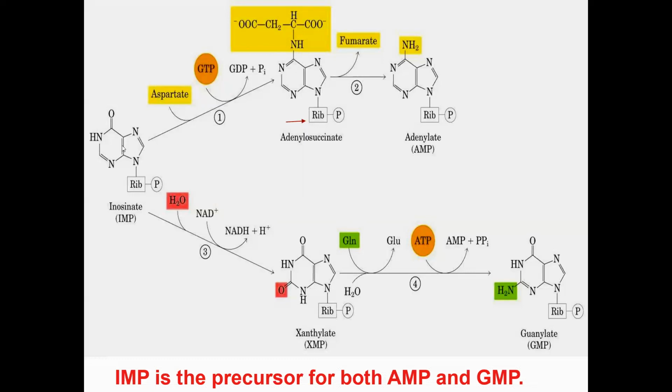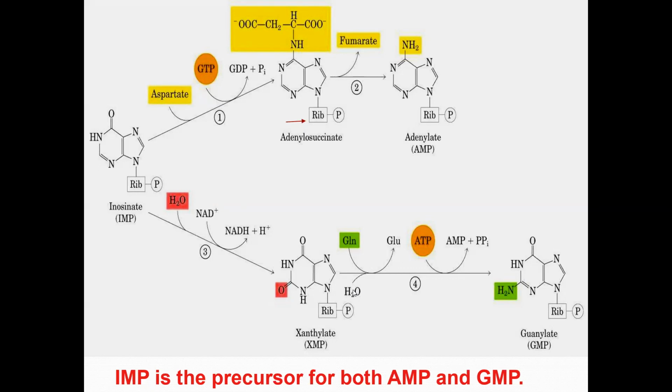In the second step, this IMP can also be utilized for the synthesis of GMP, where a water molecule and NAD are added. The enzyme is IMP dehydrogenase, which catalyzes the removal of this hydrogen and addition of oxygen at carbon number 2, adding a ketone group there, and this leads to the synthesis of xanthylate, that is xanthine monophosphate, from IMP.